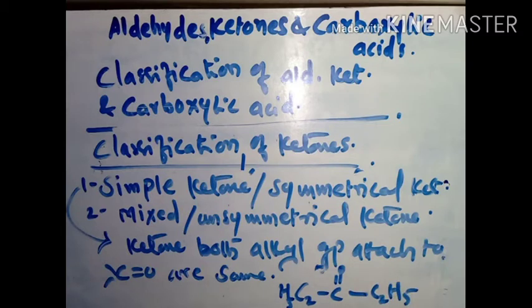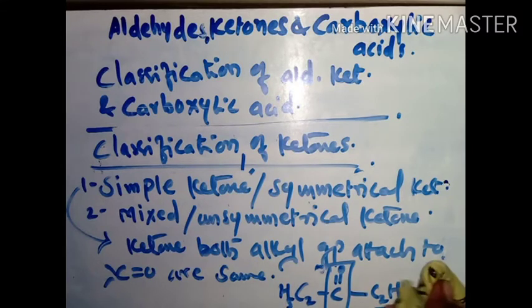In this, both the alkyl groups attached to the carbonyl carbon are the same, that's why it is also an example of a simple or symmetrical ketone. What is the definition? A ketone in which both the alkyl groups attached to the carbonyl carbon are the same, such ketones are called simple ketones.